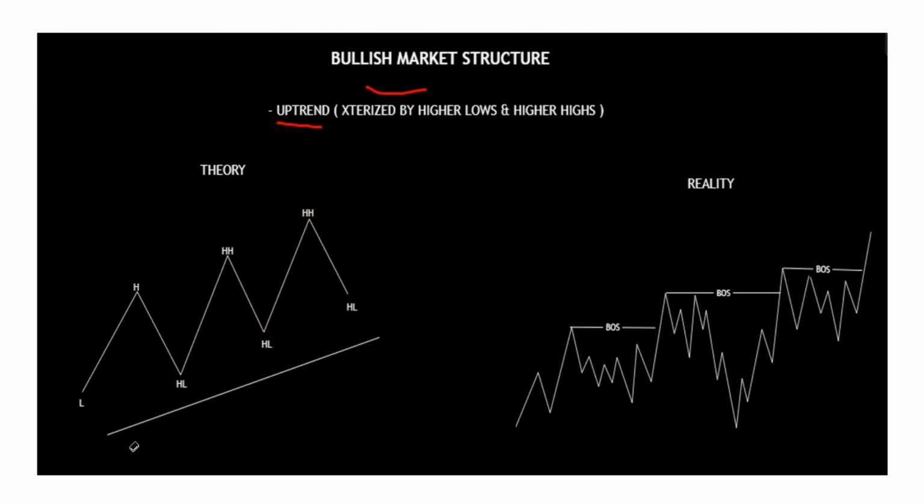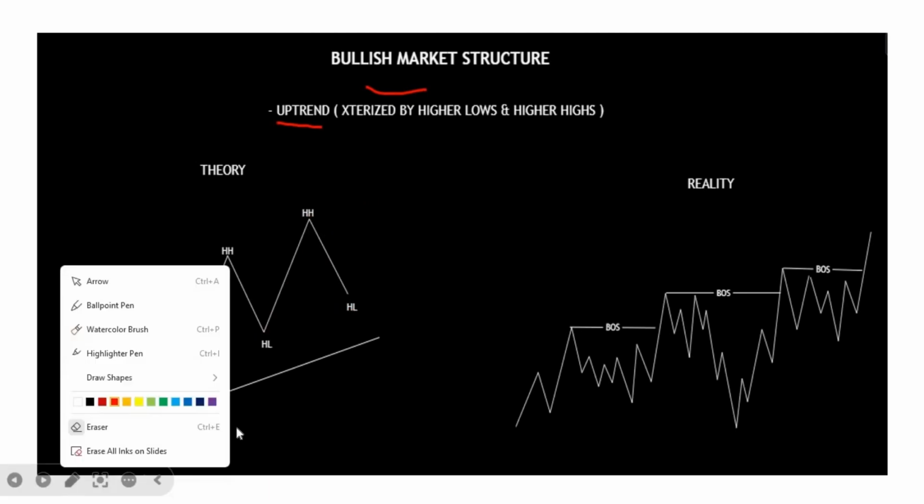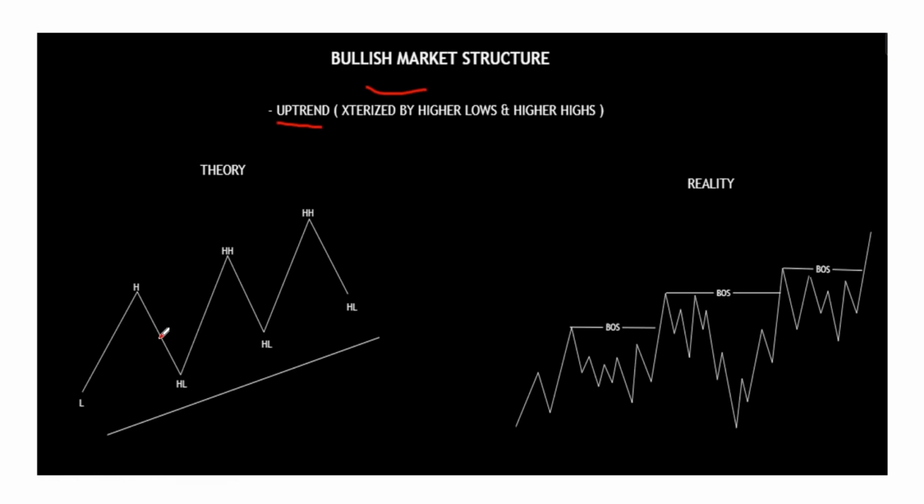Now, let's take a quick look at the reality. Now, guys, the reality is a bit messier than theory, okay? This is because in reality, we're not just dealing with up pushes and pullbacks or down pushes and pullbacks, whatever the case may be. We're actually dealing with internal structure because the market is fractal.